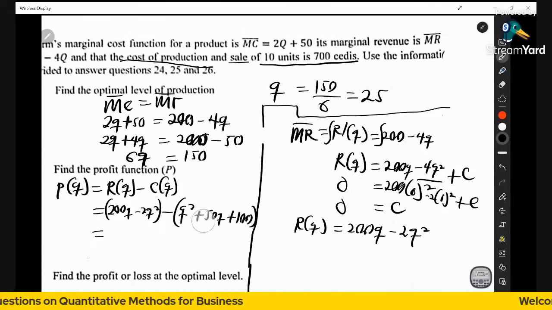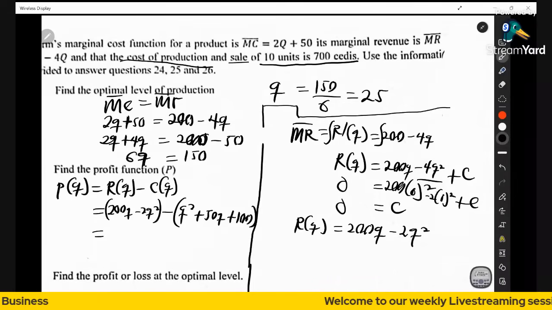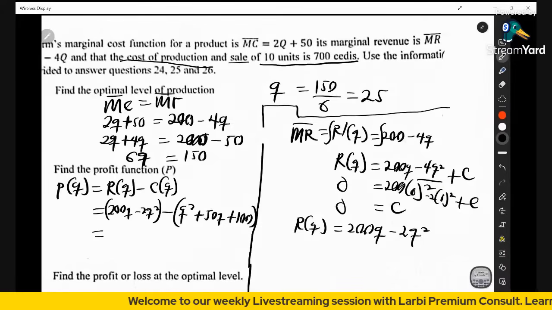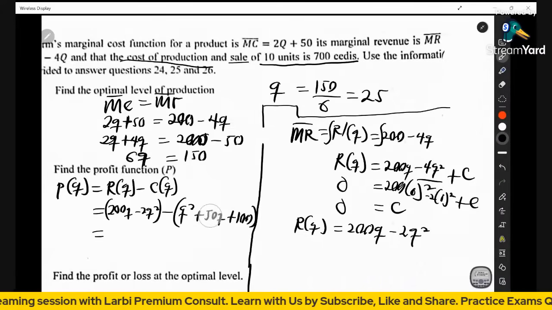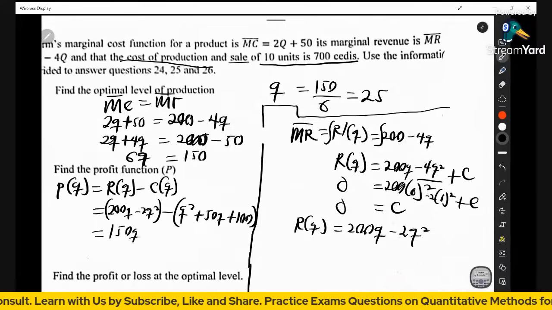Okay, so our profit function should be, here the negative will affect the whole of this, so here becomes negative Q square, and we have negative Q square here, so that's going to give us negative 3Q square. We also have 200Q, and you also have 50Q, but here it is negative. So when I subtract 50Q from 200Q, I'm getting 150Q.